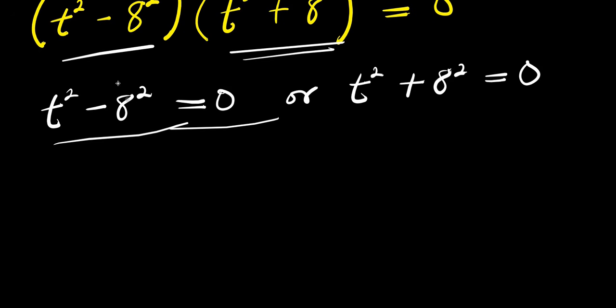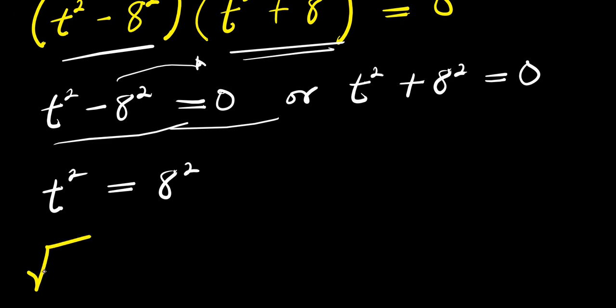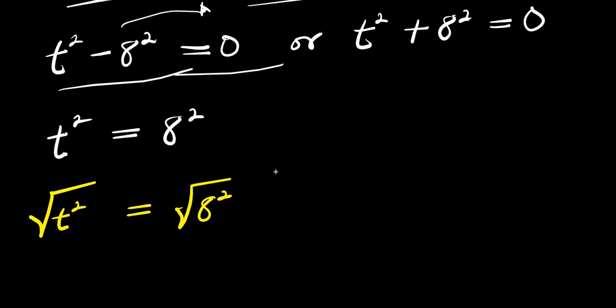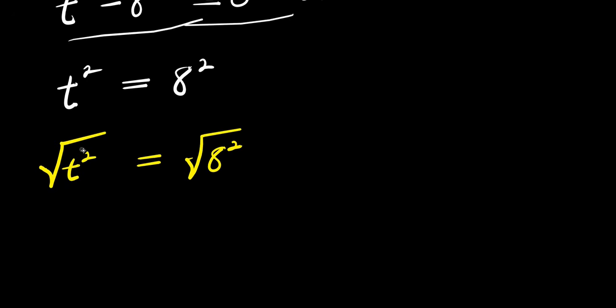For us to solve this, we can easily move this over here. We have t² equals a². So to solve for t, what we can do is to take the square root of both sides of this equation. We have square root of t² equals square root of a². So right now, the square root here cancels the square here.